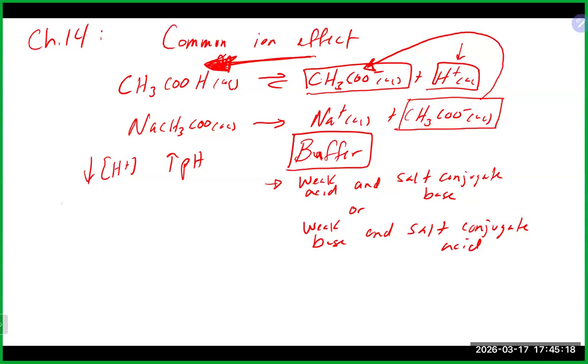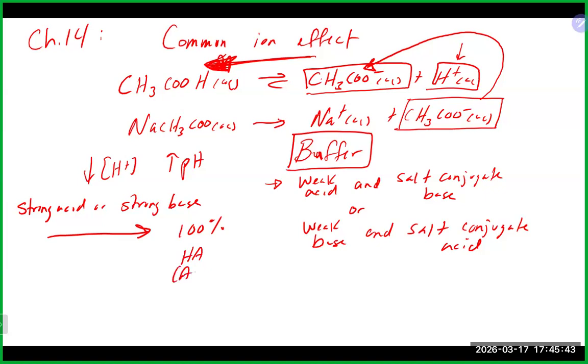That's because a strong acid or strong base is not going to stay together. It is a one-way street where they're going to 100% break apart into ions. The result is you will not have the two main important things for a buffer: a buffer has to have an acid part and it has to have a base part.